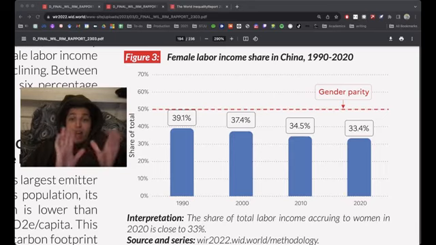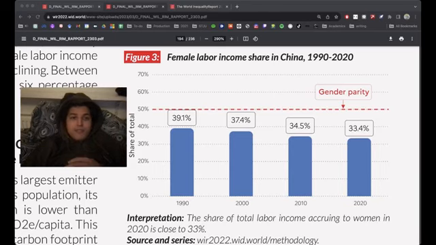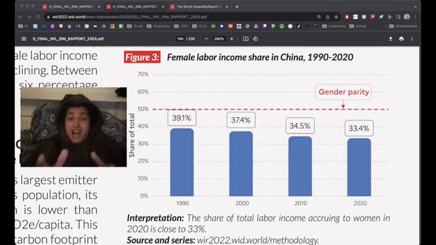So if we had perfect equality between the sexes in terms of income, of course that would be 50% male, 50% female. Just some fun facts about the graph. China is at 33%, which is significantly higher than the average in Asia, which is just 21%, and beats out Japan, that is 28%.